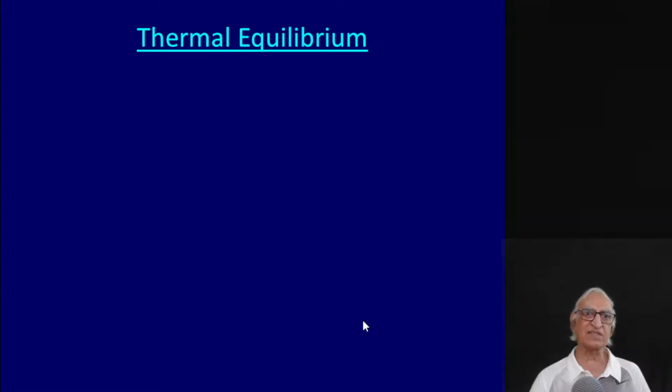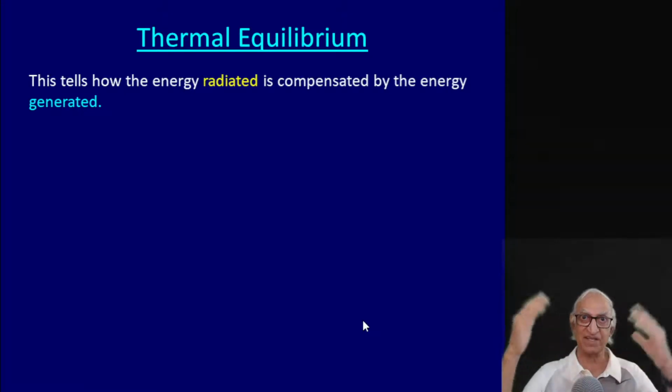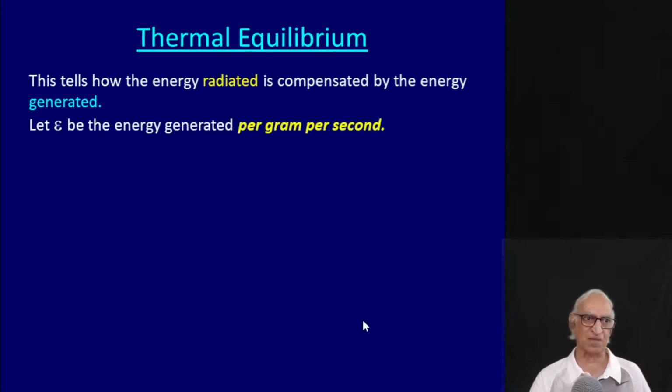The final equation is the equation of thermal equilibrium. Energy is being radiated away by the star, luminosity, according to the formula that we wrote down. But this energy which is being radiated away must be compensated by energy that is being generated near the center of the star.